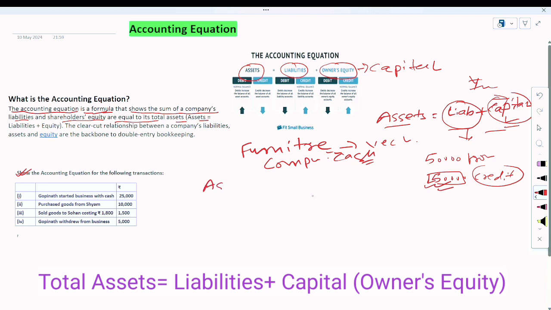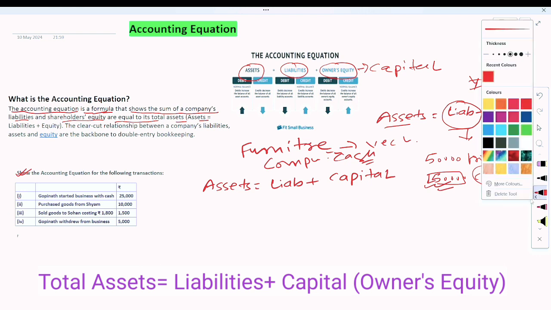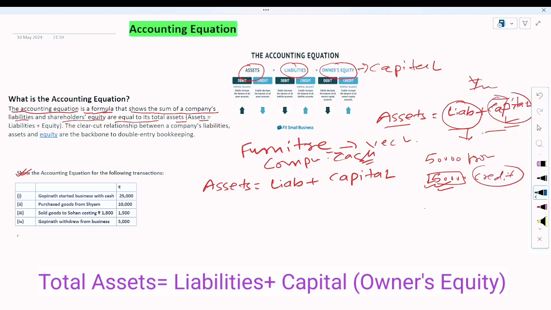Formula is assets equal to liabilities plus capital. Whenever you read the transaction, you have to know what the assets given in the question or transaction are and what the liabilities given in the transaction are.